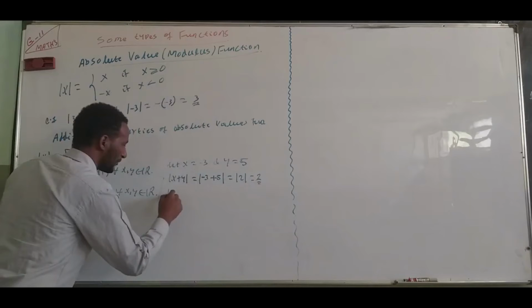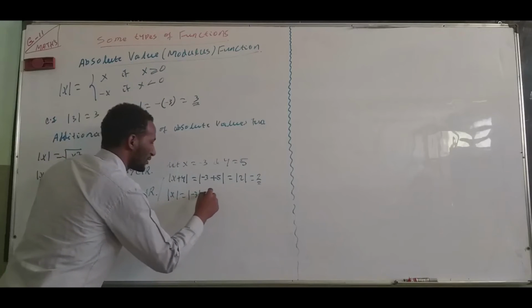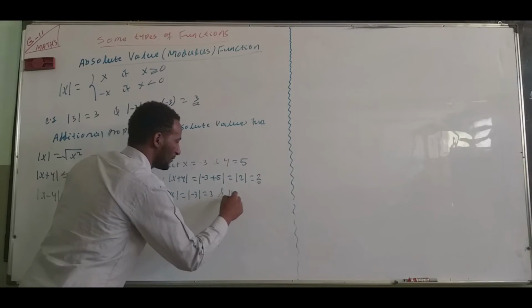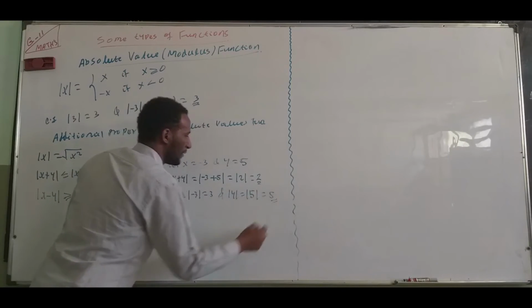Absolute value of x equals absolute value of negative 3, which is 3, and absolute value of y equals absolute value of 5, which is 5.